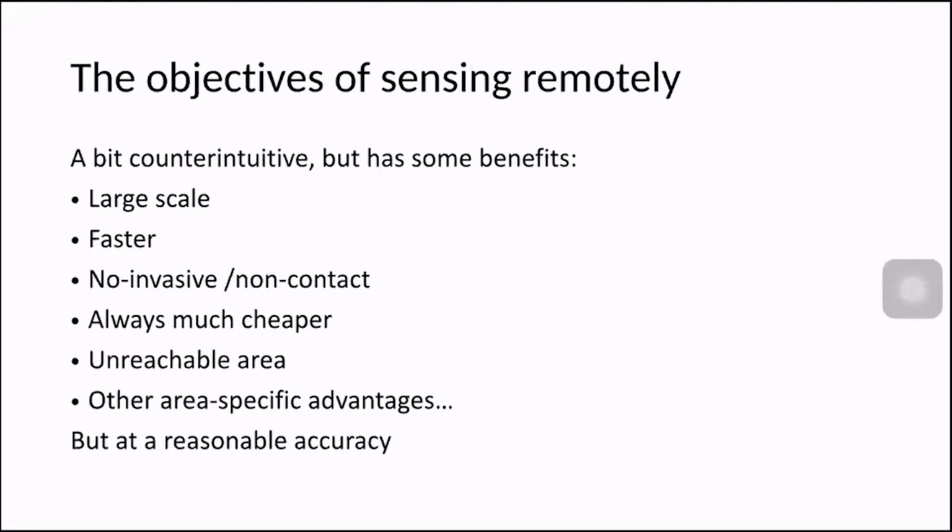It's much faster. If you think of it as COVID-19 surveillance, if you can put a camera on the top of a subway station, you can measure the temperature of thousands of people. That's of very high importance.